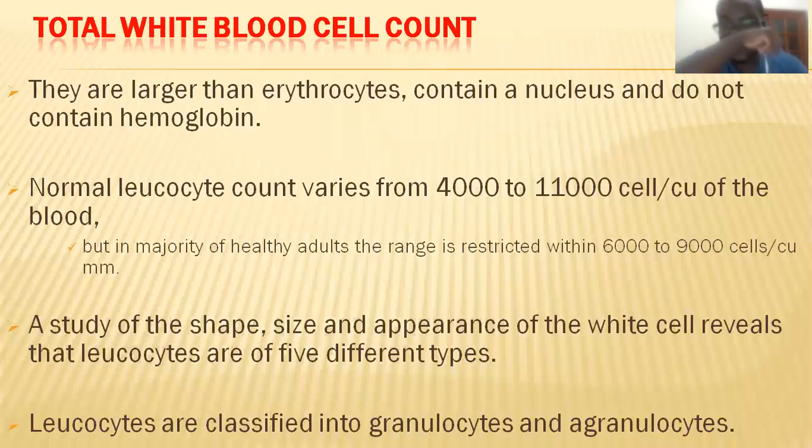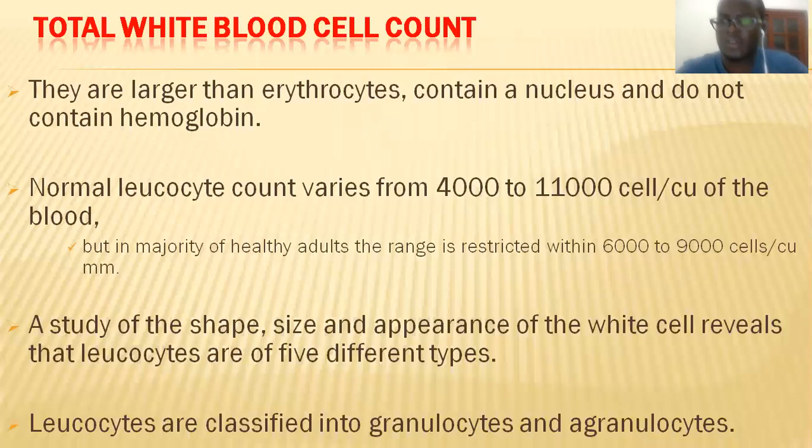Never mind, because for all the recommended textbooks that I've given you, if you use any information from those, I'll be able to know which textbook you're using, so you're all covered. But you need to realize that in the majority of healthy adults, the range is restricted within 6,000 to 9,000 cells per cubic millimeter of blood.